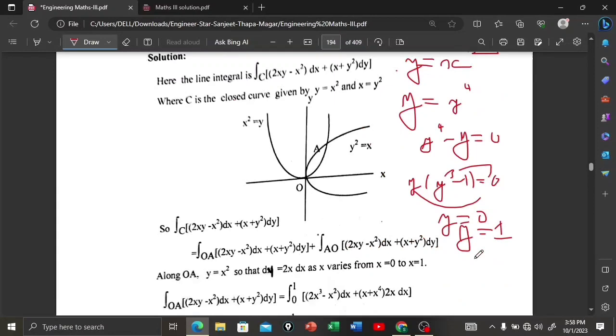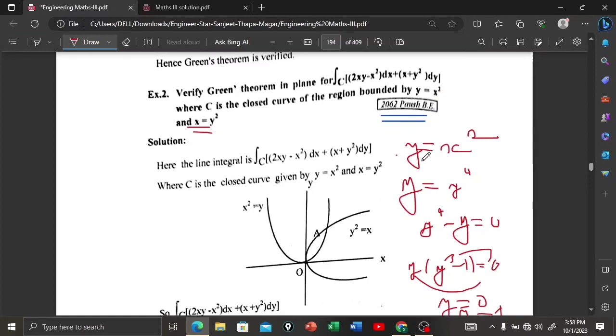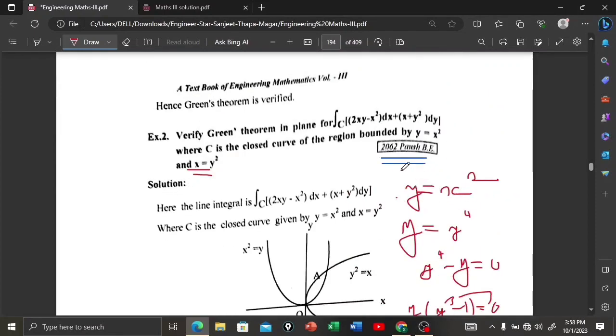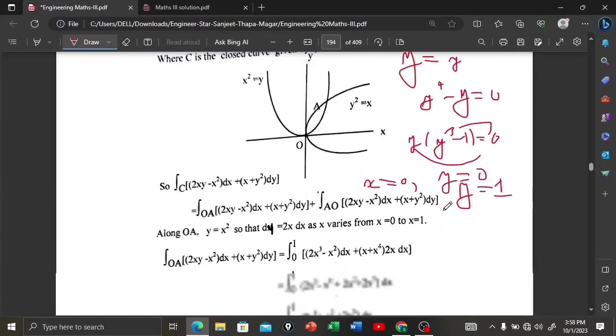When y is 0, x is also 0, and when y is 1, x is also 1. So the points are (0, 0) and (1, 1). This is 0, 0, this is 1, 1.